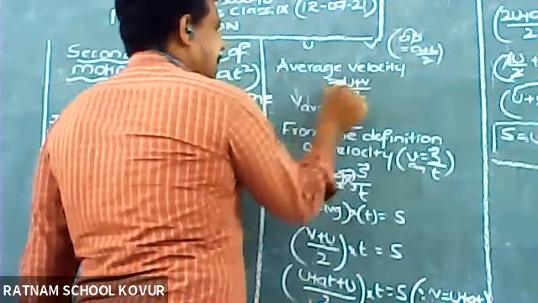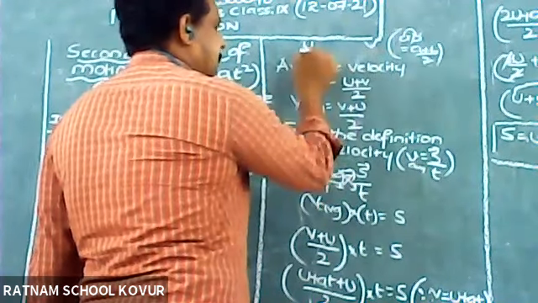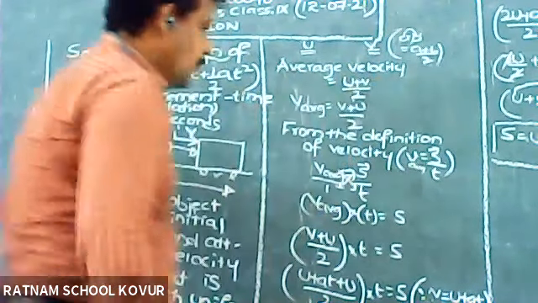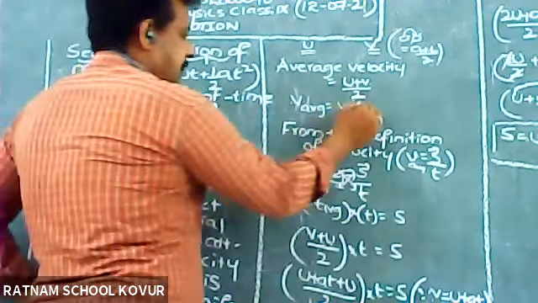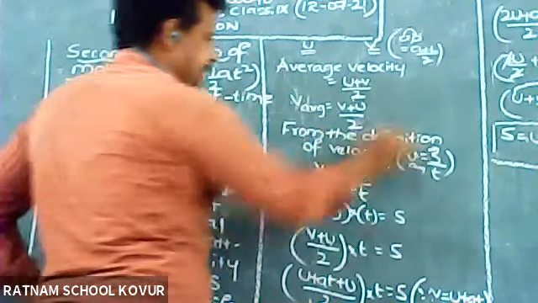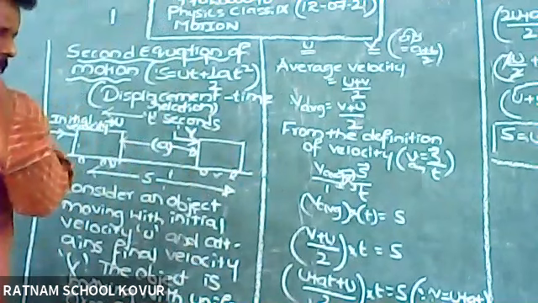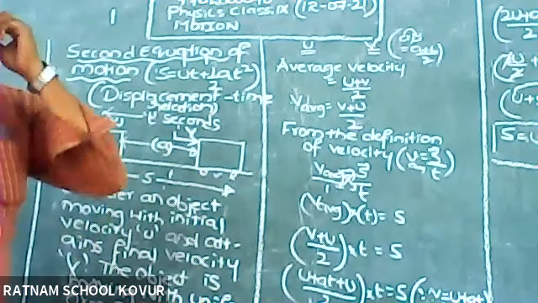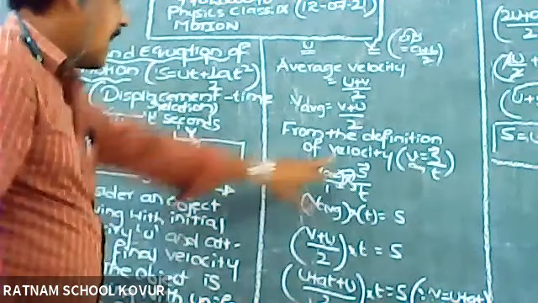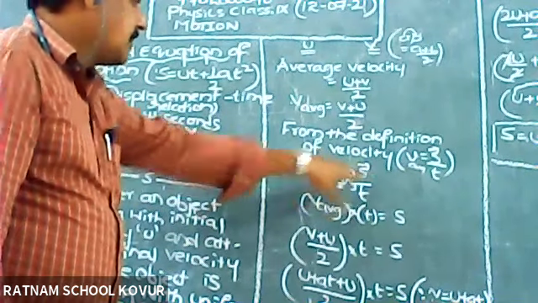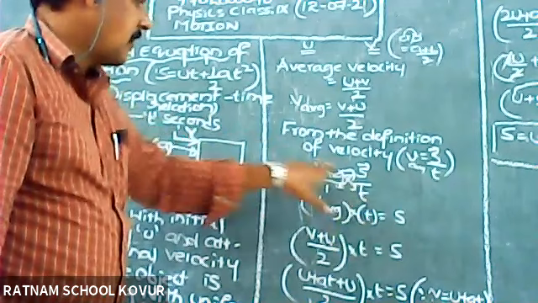In the same way, here the initial velocity and final velocity, so the average velocity will become u plus v by 2. So v average is equal to v plus u by 2. From the definition of velocity, velocity is equal to displacement by time. So instead of velocity, I will take average velocity: v average is equal to displacement by time, cross multiplication.